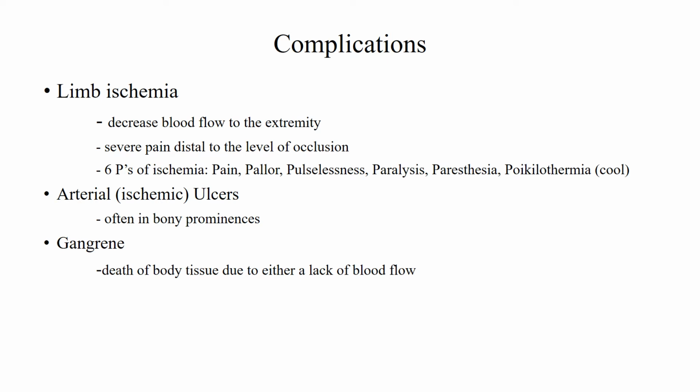There is minimal drainage, but the tissue is black eschar or with pale or pink granulation. And this is to differentiate it from ulcers of the venous blood vessels, wherein the ulcers are found mostly in the medial malleolus. Another complication is gangrene or death of the body tissue due to lack of blood flow.